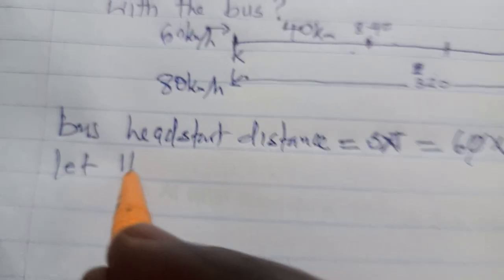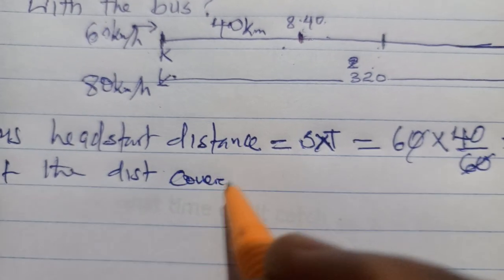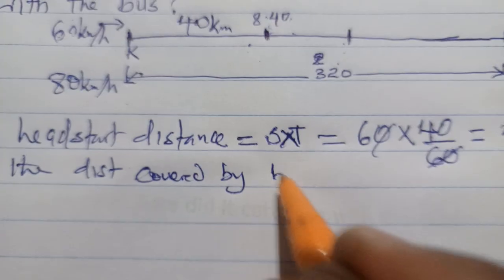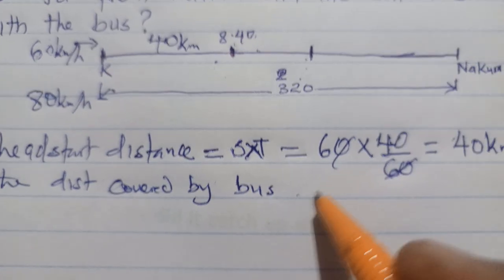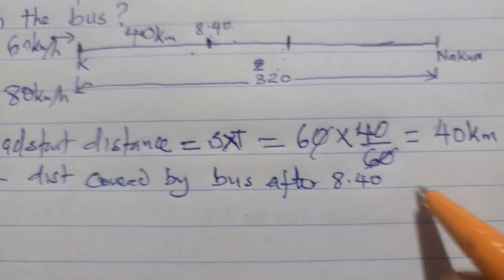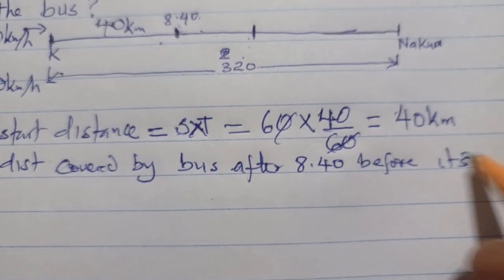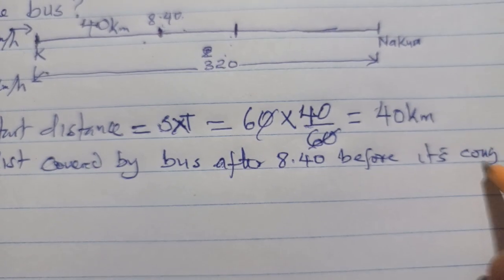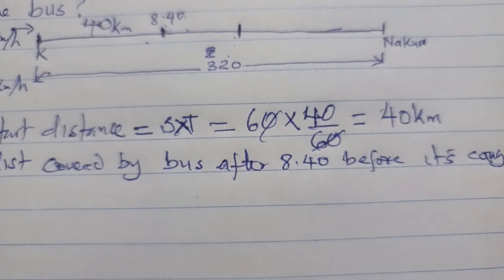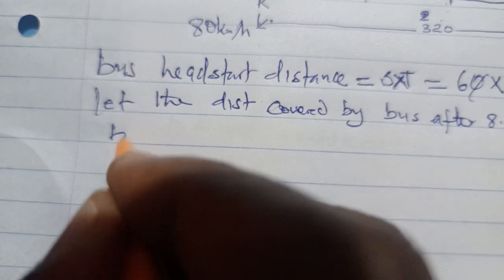So we'll say let the distance covered by the bus after 8:40, before it is caught up with, be x.